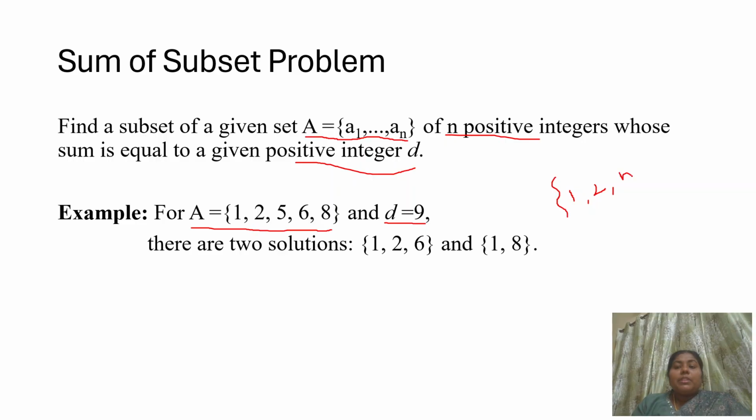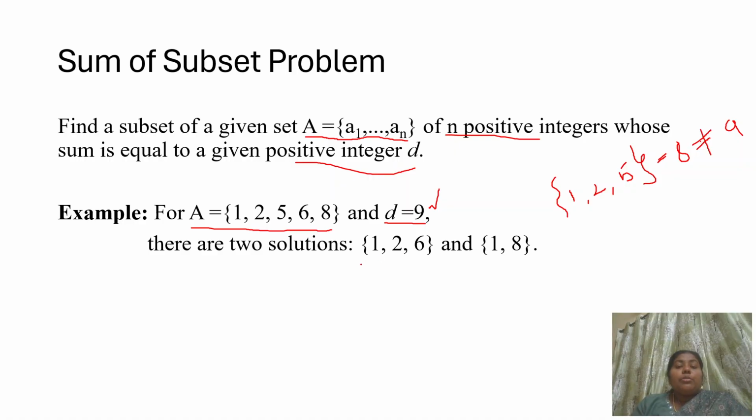What is the sum of this subset? 1 plus 2 plus 5 is equal to 8. But 8 is not equal to 9, so this is not a valid subset. The main concept is that the sum of all the elements in the subset should be equal to D. What is D here? It is 9.